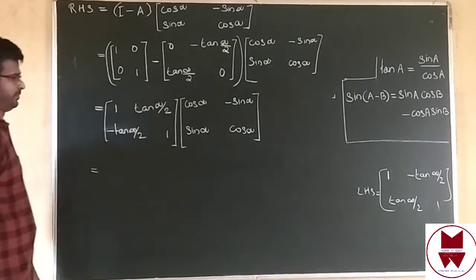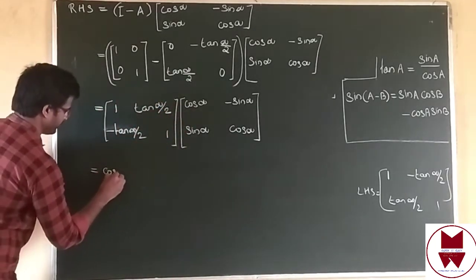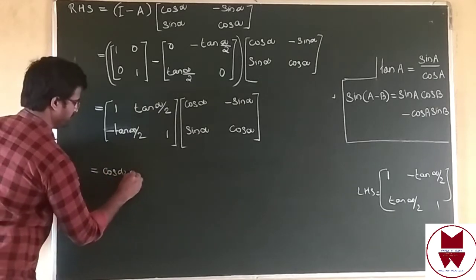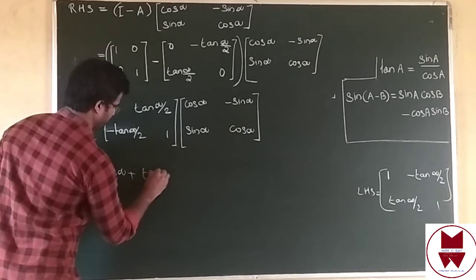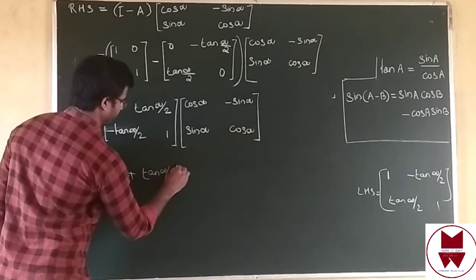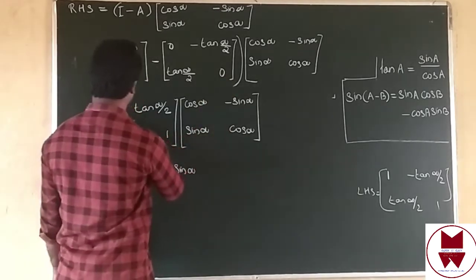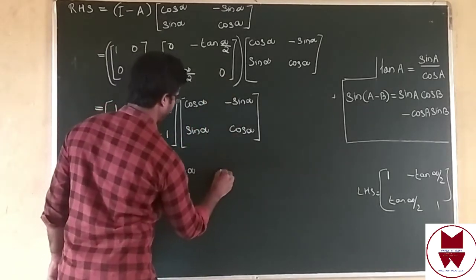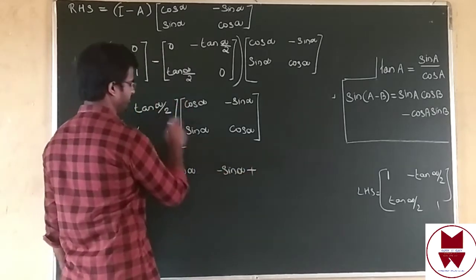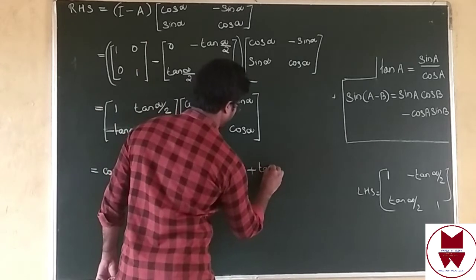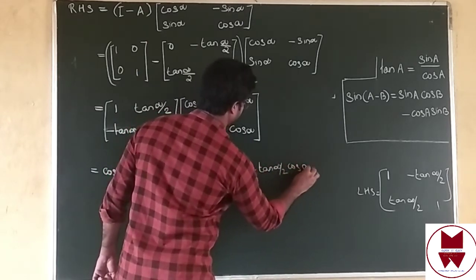Equal to this multiplication. First row, first column: 1 into cos alpha is cos alpha, plus tan alpha by 2 into sin alpha. Then first row, second column: 1 into minus sin alpha is minus sin alpha, plus tan alpha by 2 into cos alpha.